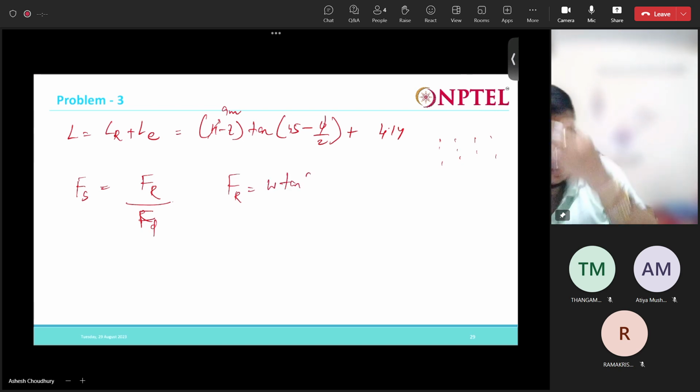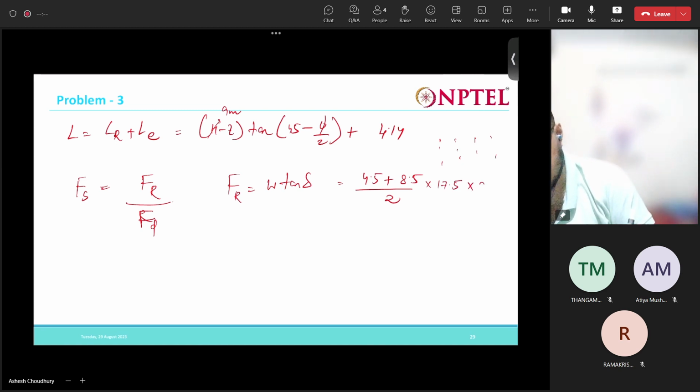W tan delta. W is the total weight. Okay, total weight. So that's what we are doing here. 17.5 into 9 into 10.36. So this is the weight.